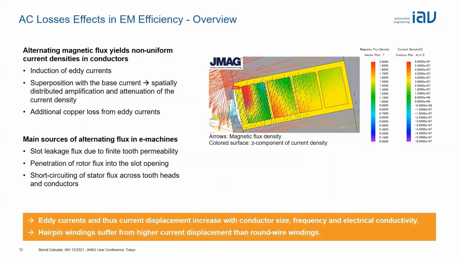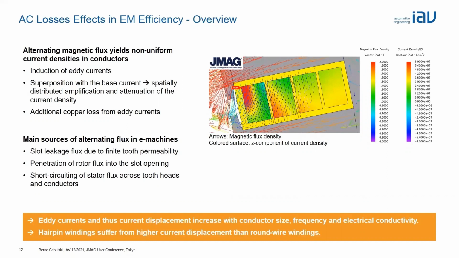The effect will be more severe if the frequency is high and the magnetic field is high, of course. It can be looked at as a superposition of the base current of the conductor with some magnetic field coming from the outside. You have to distinguish between the skin effect, which is purely based on the geometry alone and its own field, and the so-called proximity effect, which is basically an influence from the other conductors and the magnetic field that comes from the outside.